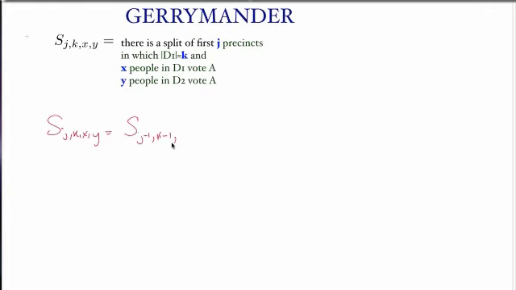Either you can assign J minus 1 precincts such that D1 has K minus 1 precincts, and you assign this last precinct to D1, in which case there are X plus A_J votes, or, in other words, this jth precinct has to be assigned to either District 1 or District 2.